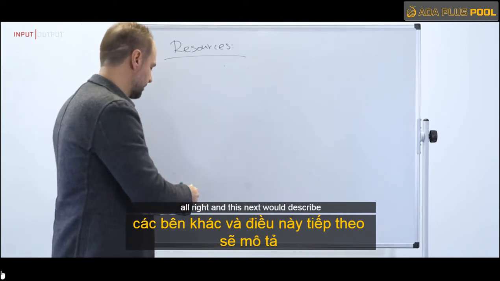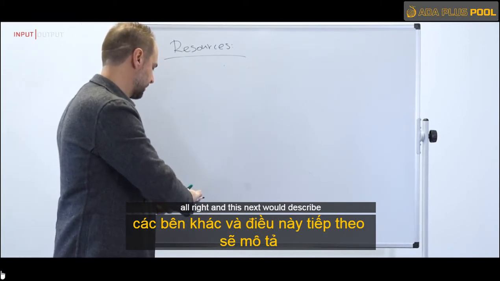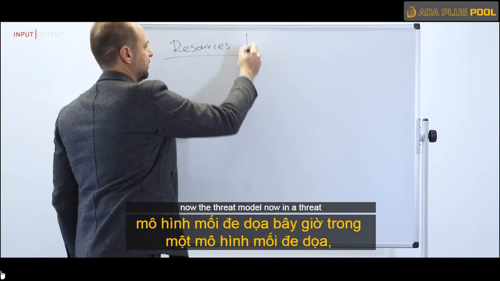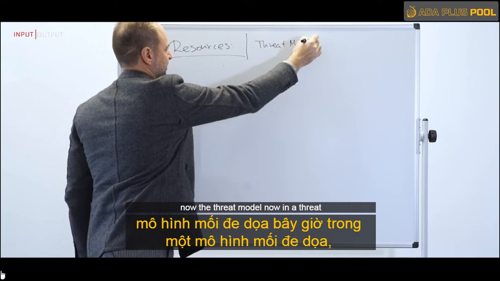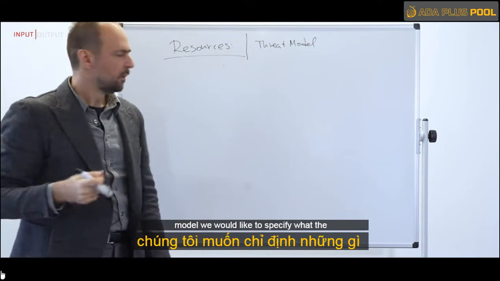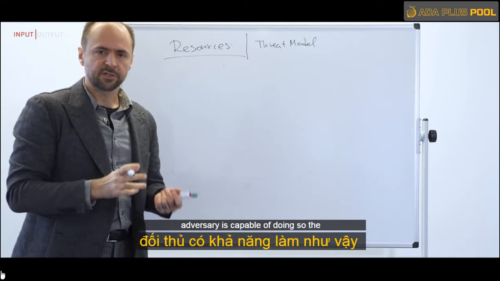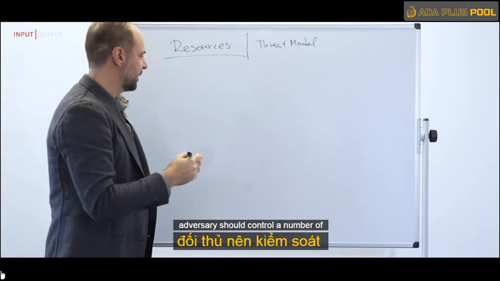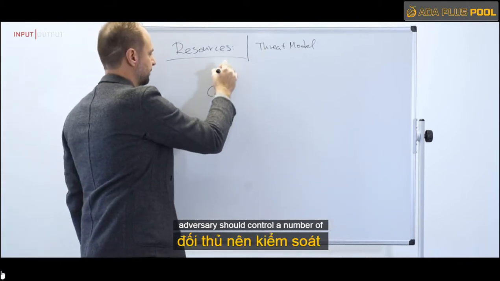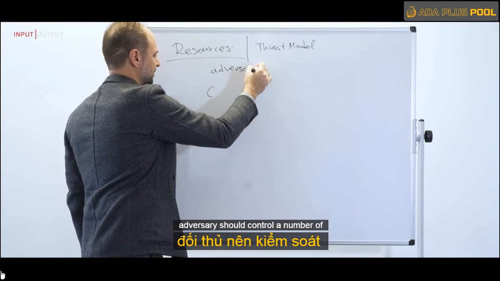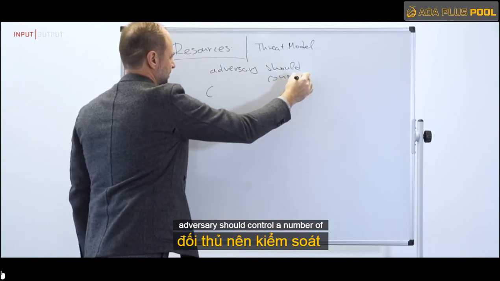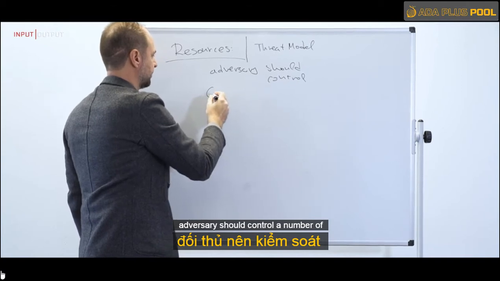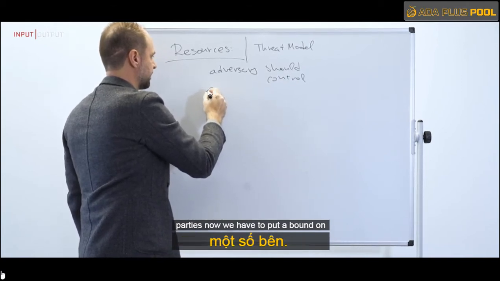And this next would describe now the threat model. Now in the threat model, we would like to specify what the adversary is capable of doing. So the adversary should control a number of parties.